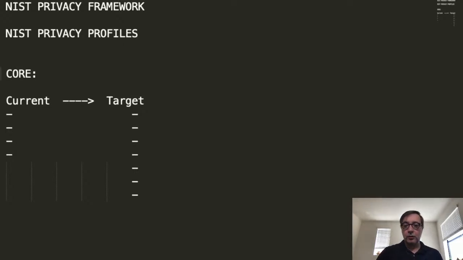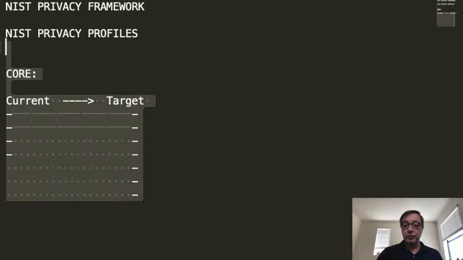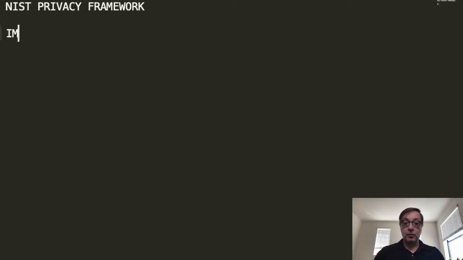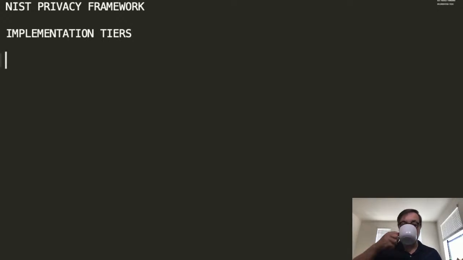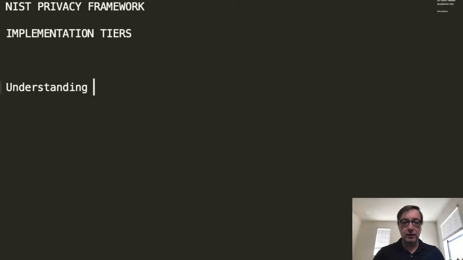All right. So moving on, we're going now to what they call implementation tiers. Okay. Implementation tiers. We have a couple things, so let's try to do something here. So first, let me remove this. Understanding privacy risks, right?